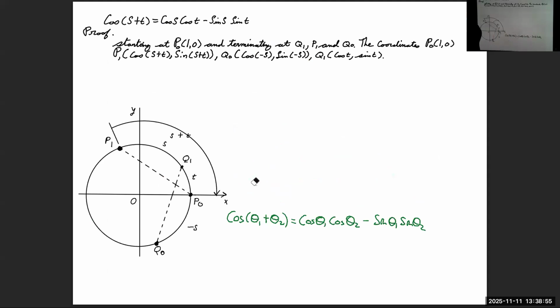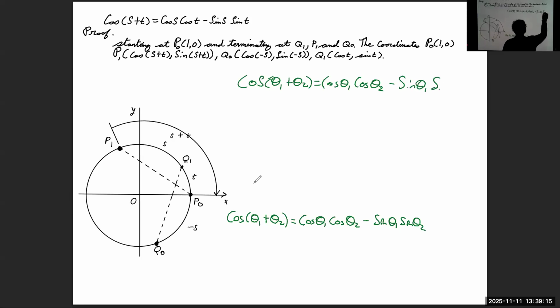Cosine of theta 1 plus theta 2 is the cosine of the first angle, the cosine of the second angle, minus the sine of the first angle, sine of the second angle.